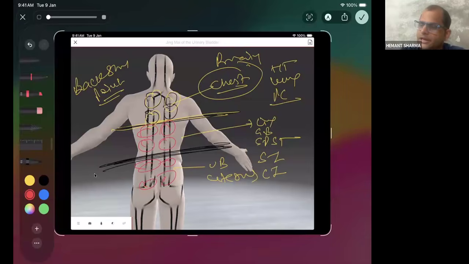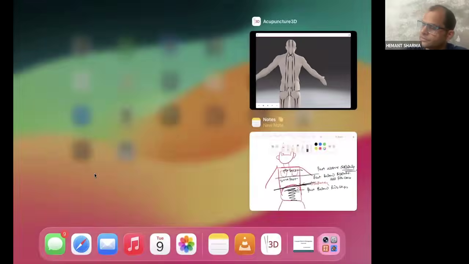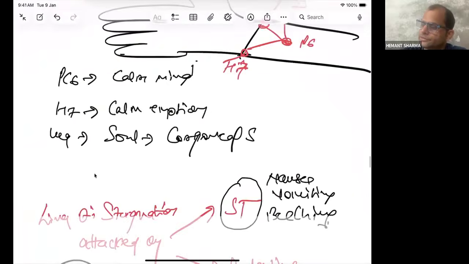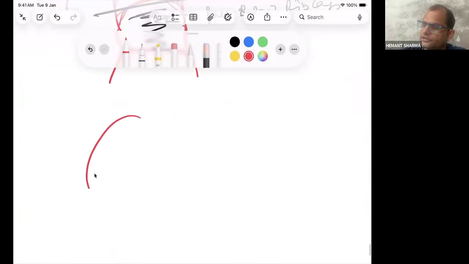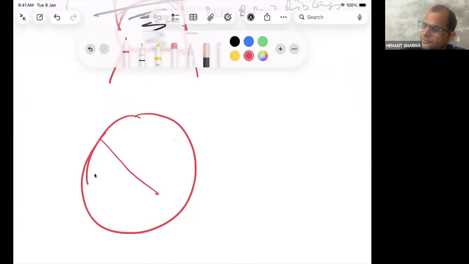When we want to strengthen any organ, when we want to balance any organ, because liver is attacking on the organ which is weak. लिवर आक्रमण कर रहा है जो कमजोर है उस पर.